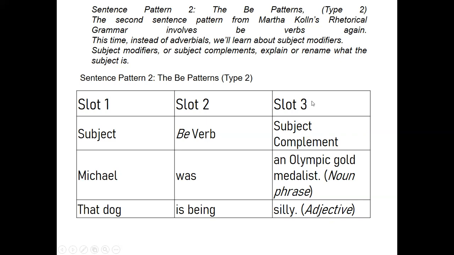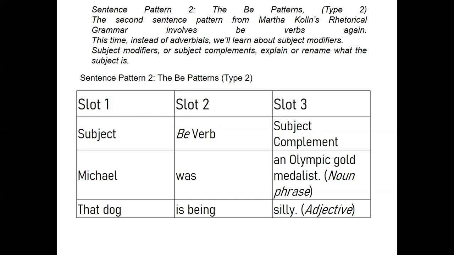Since it is a complement, it goes back to the subject. That is why it is called a subject complement: what it complements or explains is the subject. For example, Michael was an Olympic gold medalist.